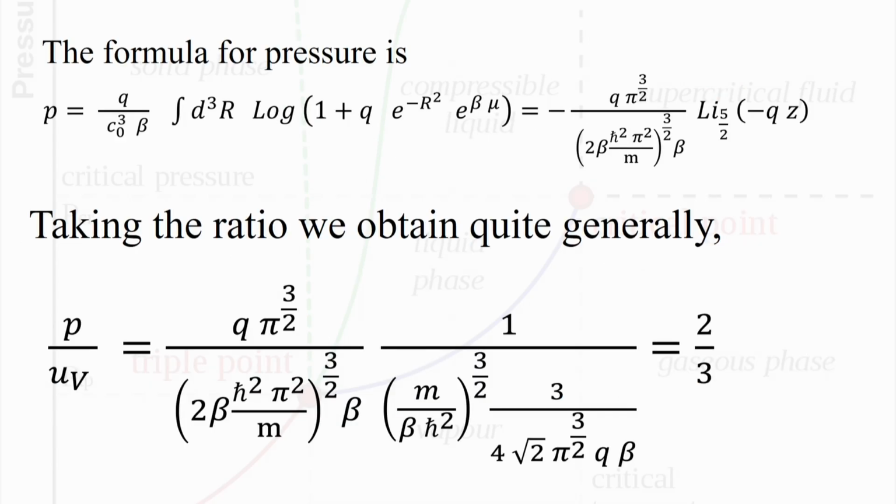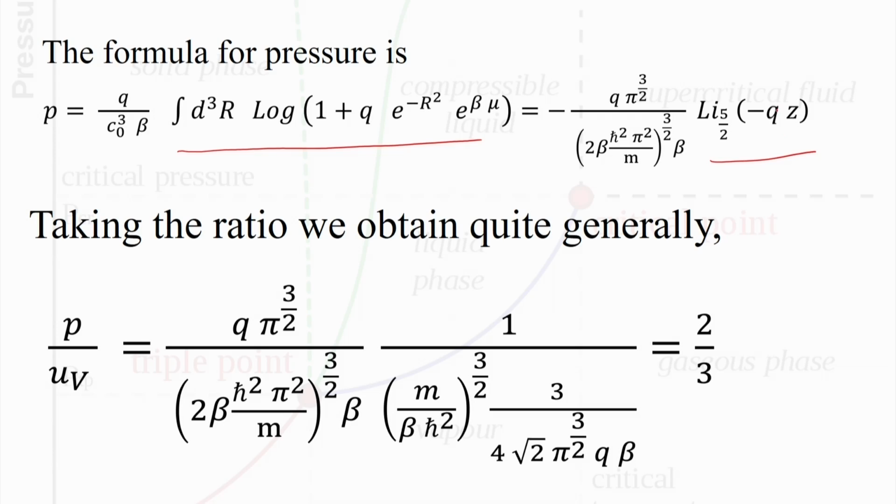Okay, so, we can similarly write down the answer for pressure. The pressure also involves such an integral, and it also involves the polylog function for 5/2. Now, that is interesting, because that is telling you something.